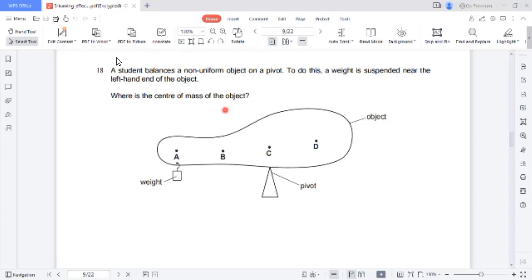Center of mass of the object. Suppose this object is absent.